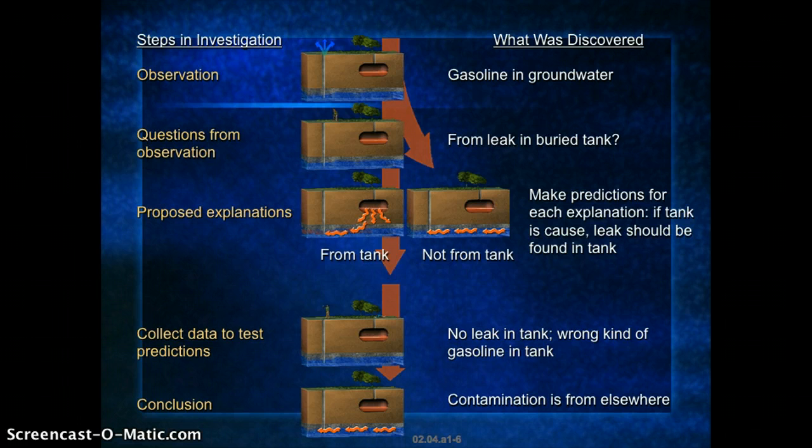Our goal with a proposed explanation is to see if we can prove that explanation is incorrect, if we can rule it out. It turns out it's very difficult to prove that something is true. For example, in this case, if the tank leaks, that doesn't mean it's the only source of contamination. It just means that it's probably one source.